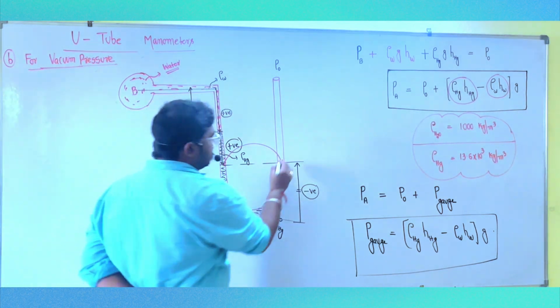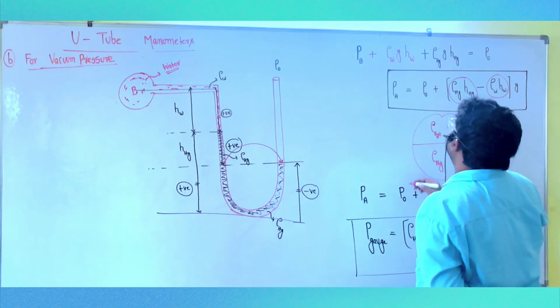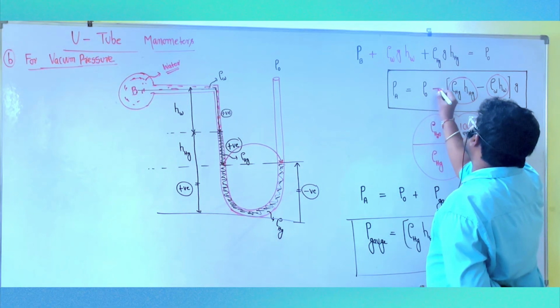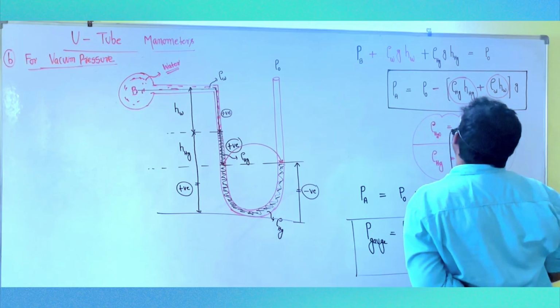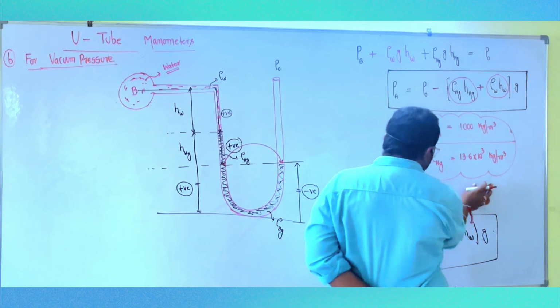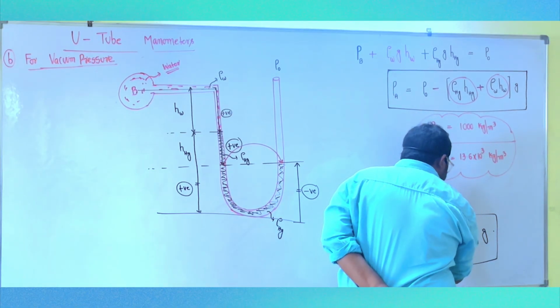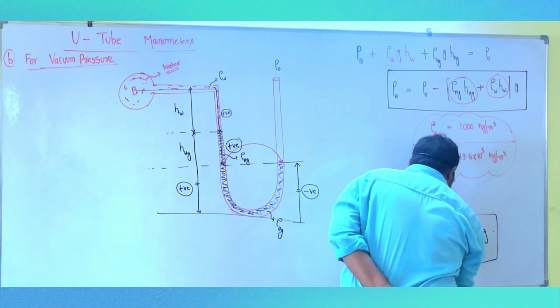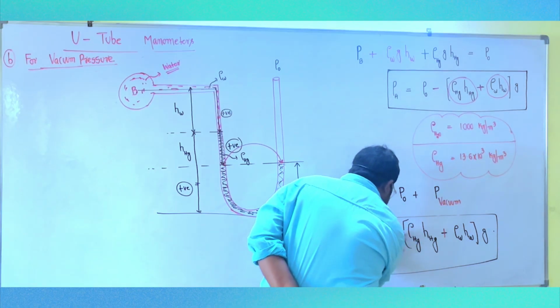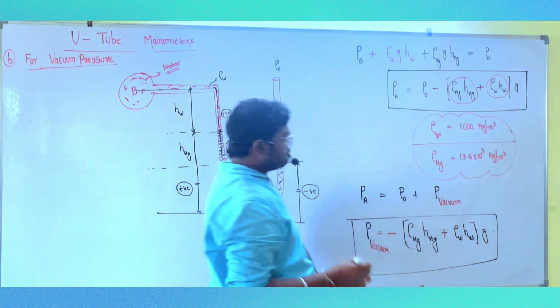Jump from here to here. What is the pressure at this point? Equal to P naught. PV equal to minus. This would be plus. Entire gas pressure. This is what? Vacuum pressure. What is the vacuum pressure? This is the vacuum pressure. That equals minus.